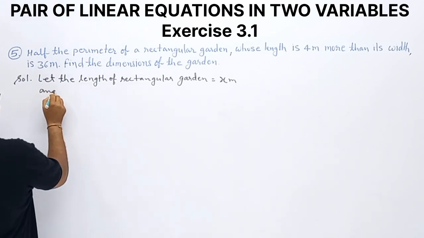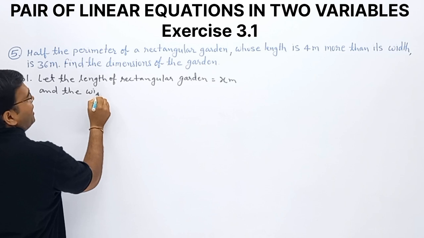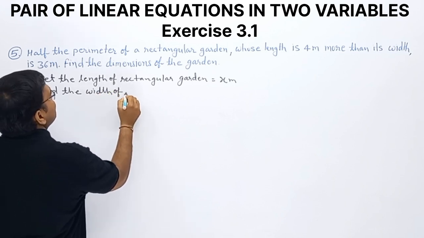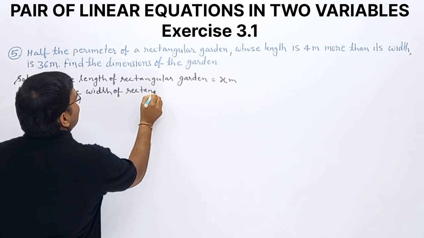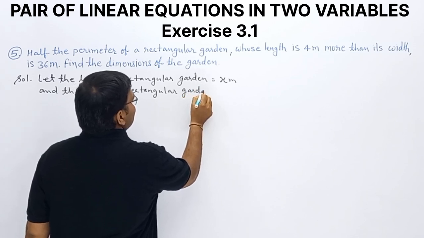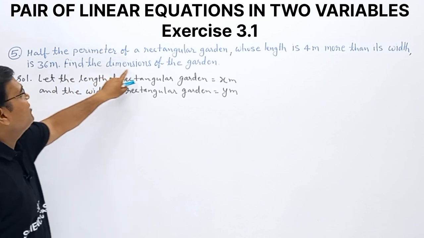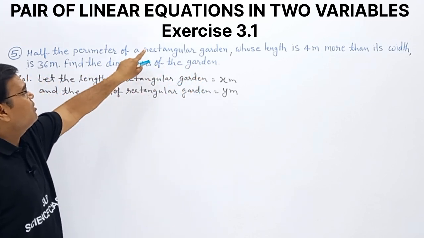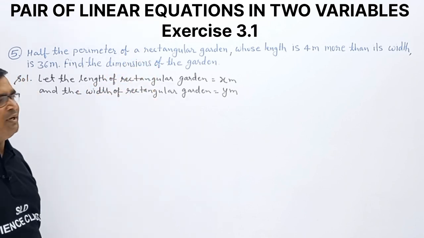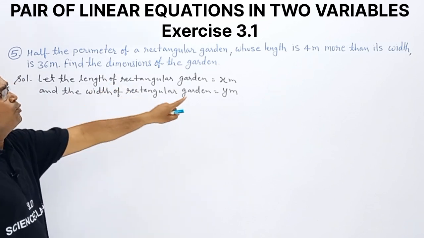And the width of the rectangular garden equal Y meter. We want the dimensions. Find the dimensions of the garden. The garden is in rectangular shape, so the rectangle has length and width. So we are assuming length is X meter and width is Y meter.